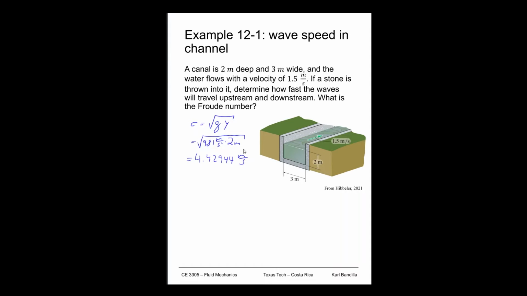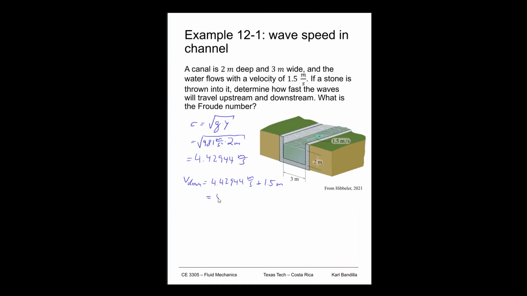So now if we want to see how fast it's moving downstream, we can just take that and add 1.5 meters per second to it, right? So we can say velocity down would then be 4.42944 meters per second, plus it's moving at 1.5 meters per second.